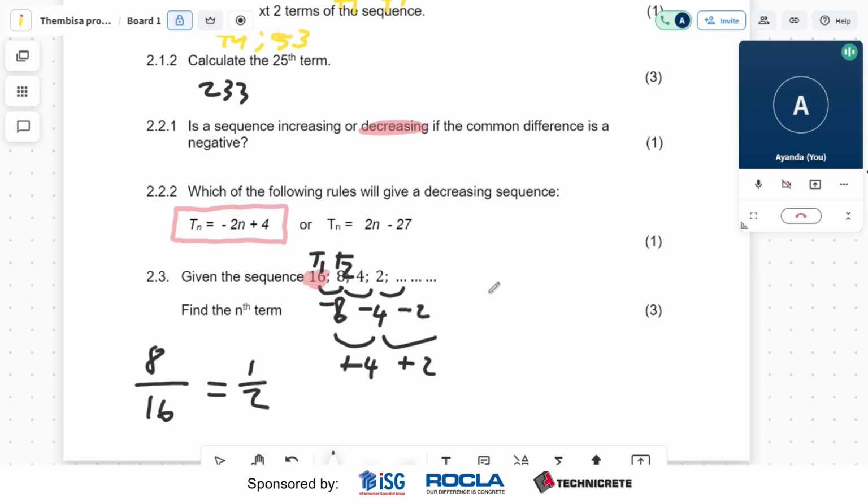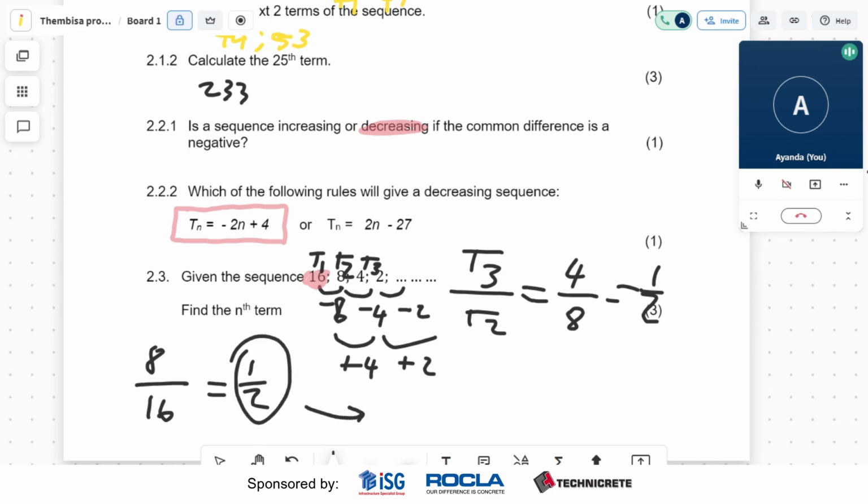And to show that this is true for the entire sequence, if we took term 3 and divided it by term 2, it should also give us a half. 4 over 8, we know, is still a half.